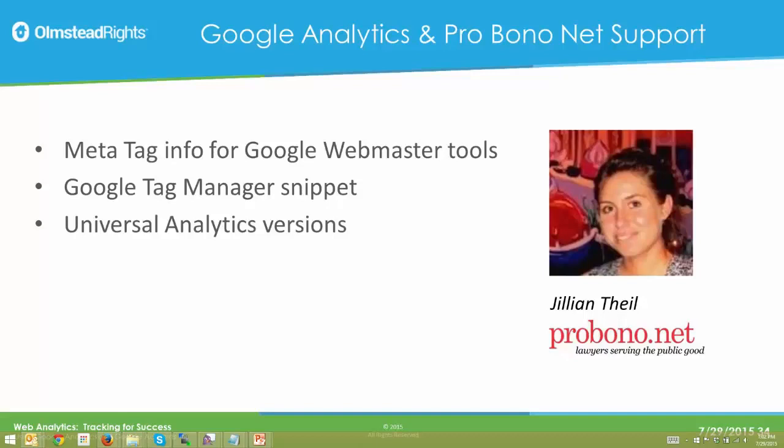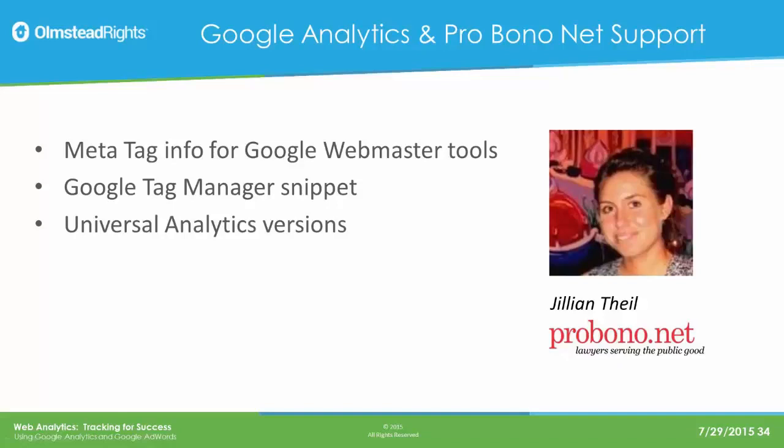As Talley and Mark have mentioned, Olmstead Rights was built on the Pro Bono Net platform. As most programs know, Pro Bono Net has developed an extensive system of custom reports for Pro Bono Net sites, which are generated monthly, quarterly, and annually, and are available in the admin inbox of the sites.